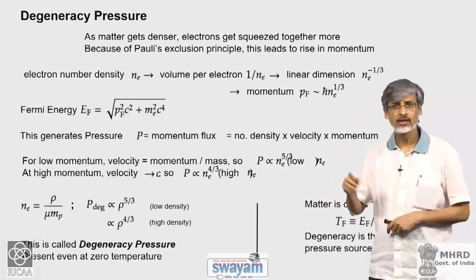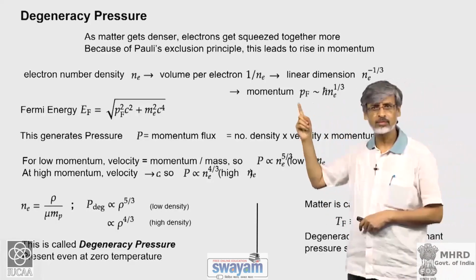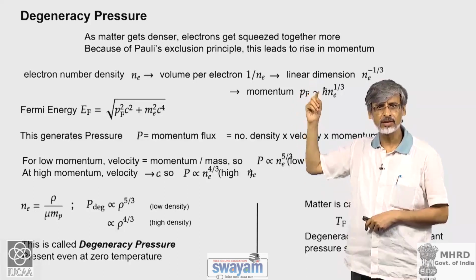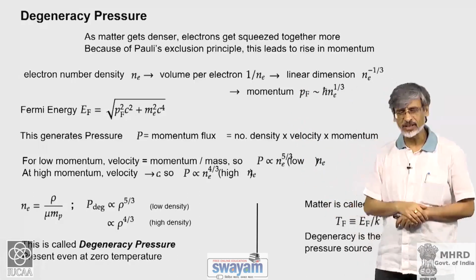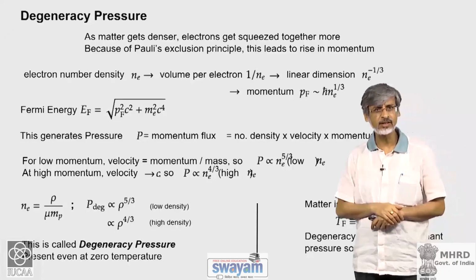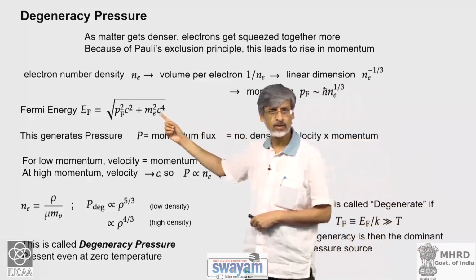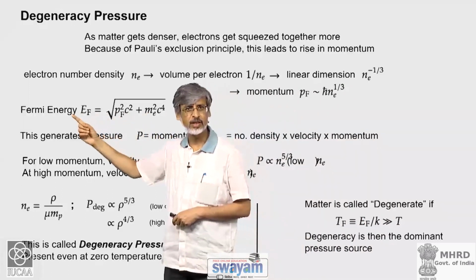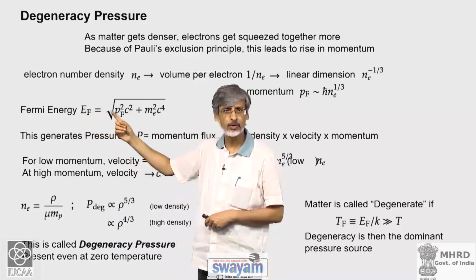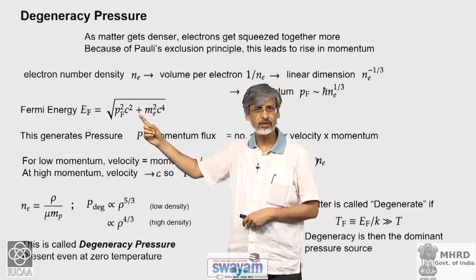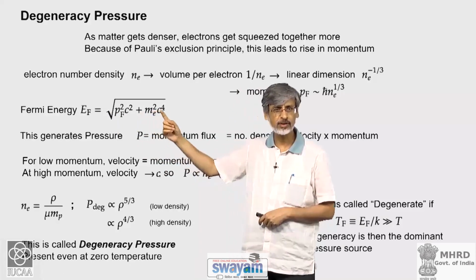So, that is momentum times the linear dimension equal to h cross. Once you have a momentum, it of course has an associated energy, which we call the Fermi energy. In full relativistic terms, the Fermi energy can be written as E f is equal to square root of p f squared c squared plus m squared c to the 4.